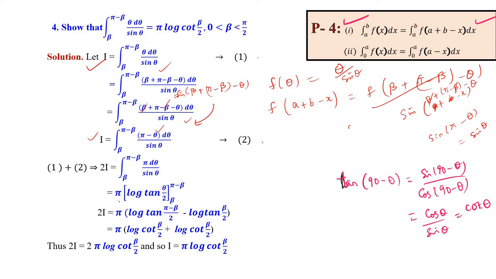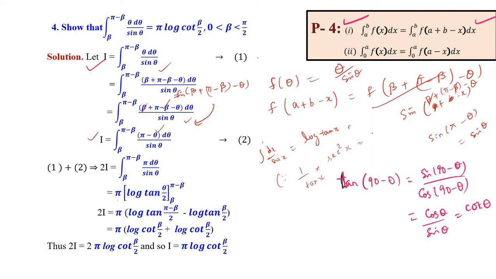Take this pi out. We know that integral dx by sine x is log tan x by 2. You can verify also: when you differentiate that you should get this. So it is 1 by tan x by 2, and the derivative of tan gives you secant square x by 2.